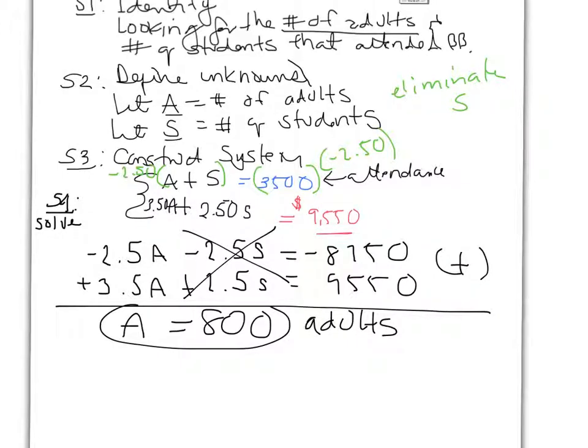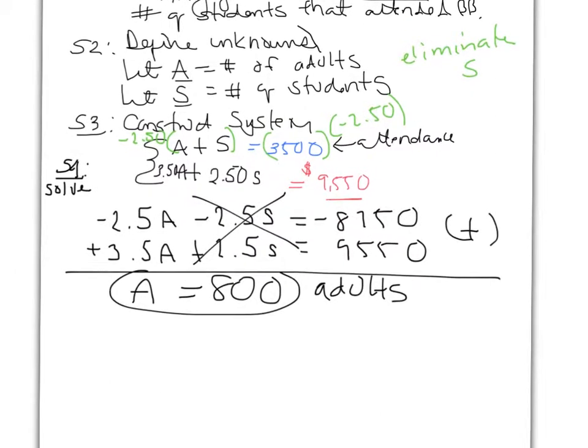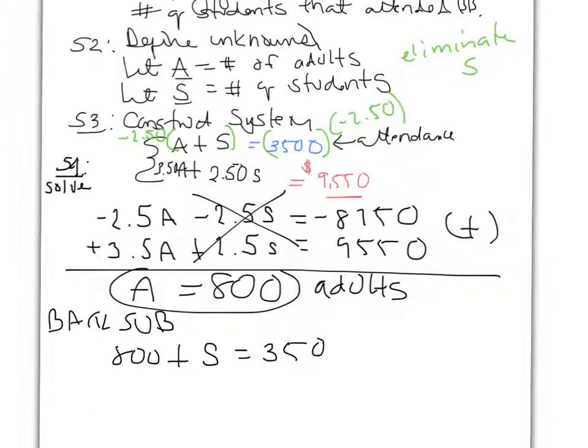So how many students attended the game? Well, again, you just go back and pick one equation. I think this one's the easiest one. You can pick this one, you can even pick one of these, but this is just so nice. So let's back substitute. A plus S is 3,500.